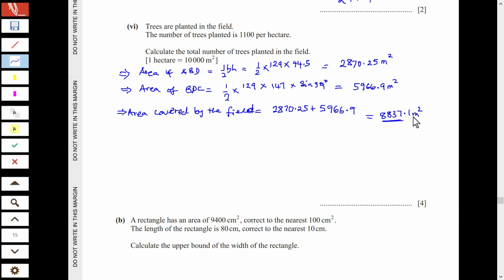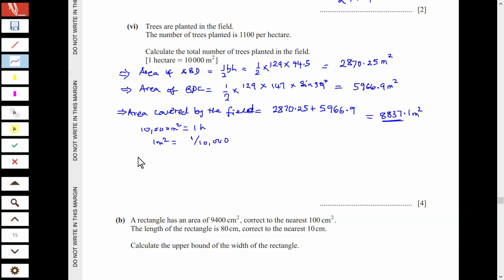Now it's in meter square, so we have to convert this to hectares because 10,000 meters square is equal to 1 hectare. So if 10,000 meters square is equal to 1 hectare, how much will 8,837.1 meters square be? We have to use this relationship to convert to hectares. If 10,000 meters square equals 1 hectare, then 1 meter square would be equal to 1 over 10,000.